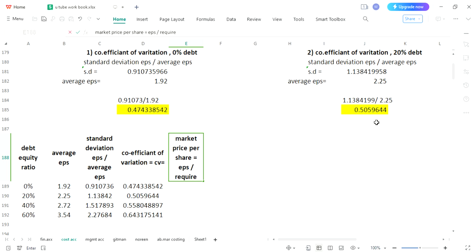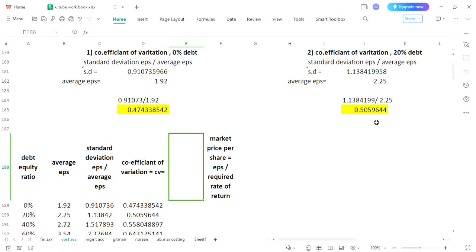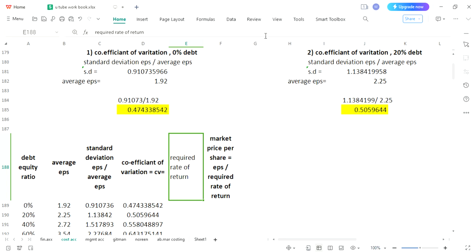required rate of return. And from where would this required rate of return come? For that return, we will go to the question, and the required rate of return is already mentioned.